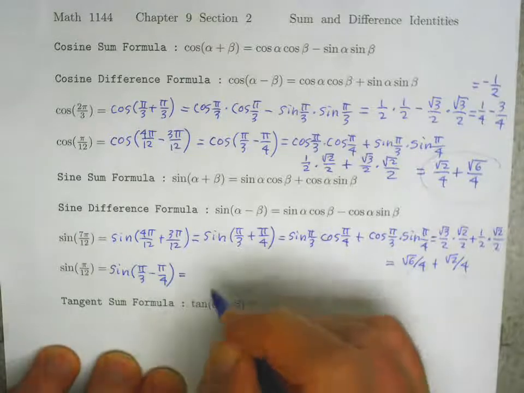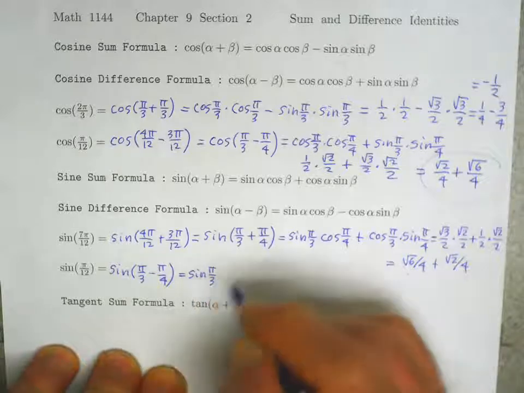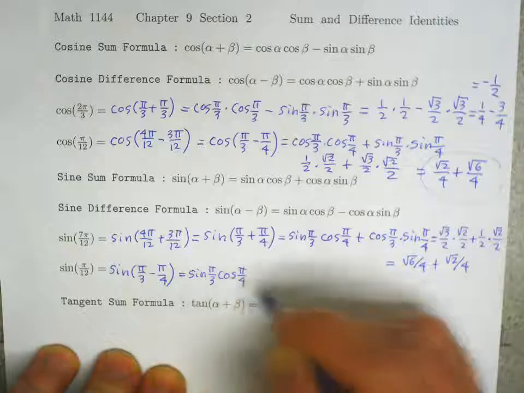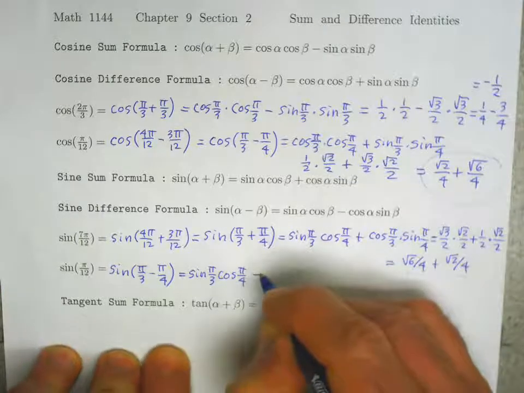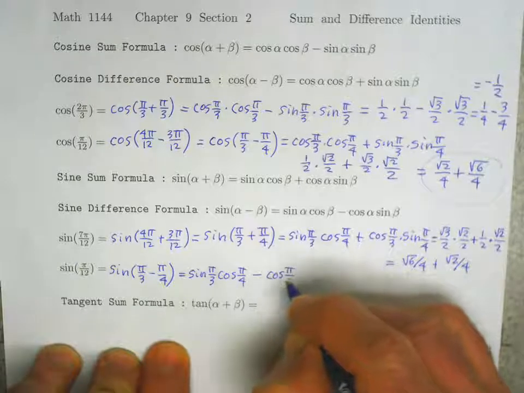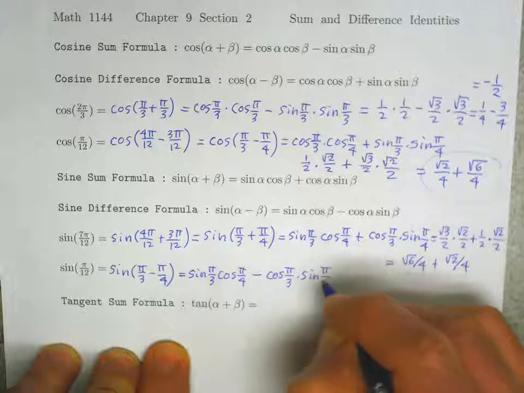So this is equal to sine of pi over 3 times cosine of pi over 4 and then minus cosine of pi over 3 times sine of pi over 4.